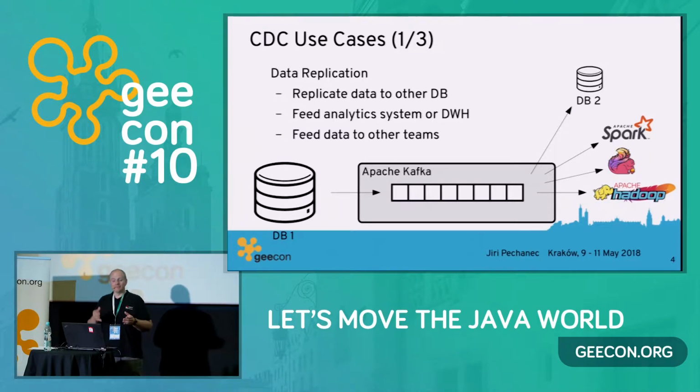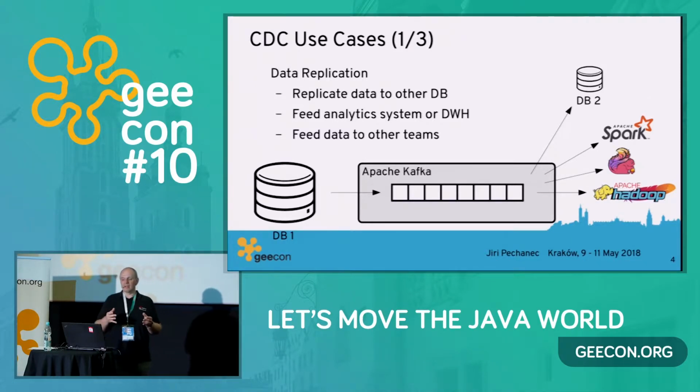You can stream the data from the database to an analytics system like Spark or Flink, and you can do streaming analysis, big data analysis on those data. Or you can feed the data to almost any other system, or you can use it to cooperate with different teams. So you feed data from the database to other teams that then consume them.